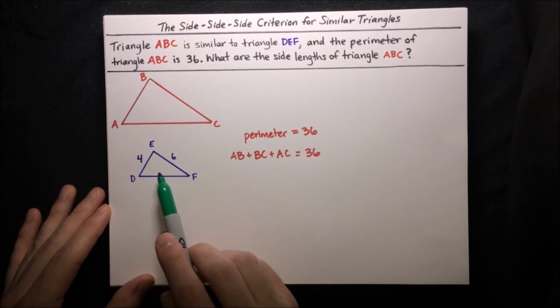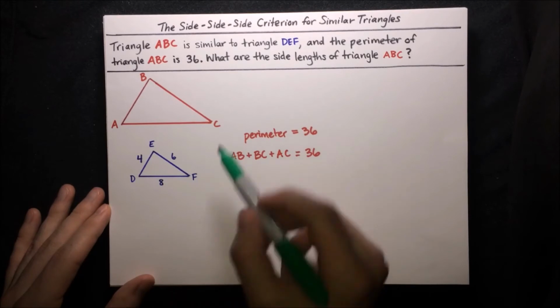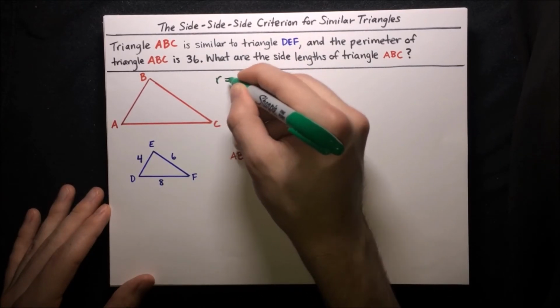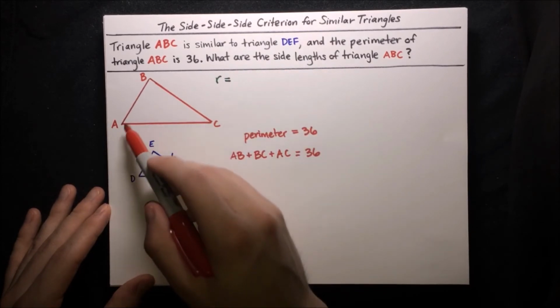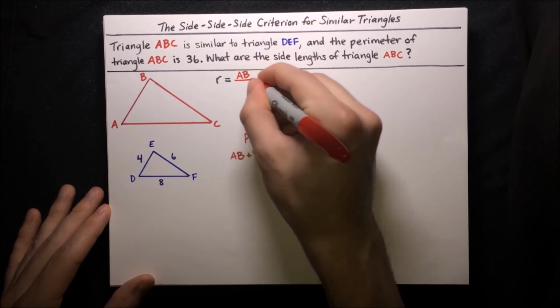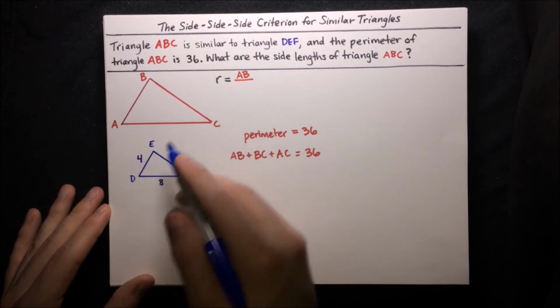And we know from the side-side-side criterion that in order for these two triangles to be similar, all of the pairs of corresponding sides have to have the same ratio. Why don't we call that ratio r? And then we can set up an equation for each pair of corresponding sides. First of all, let's set up the equation for side AB. So r equals AB over the corresponding side in triangle DEF, which is DE.